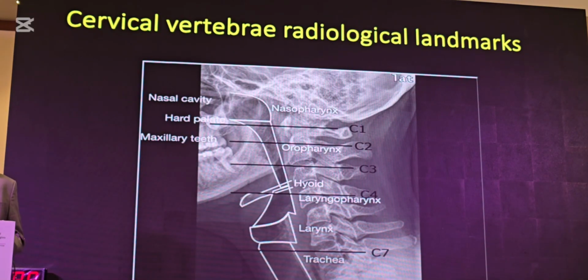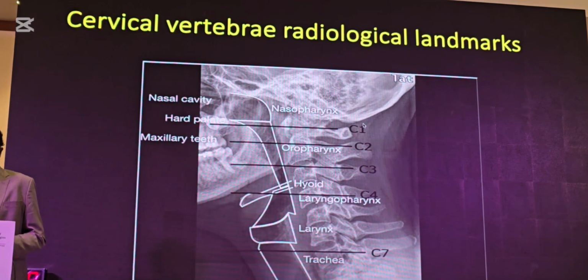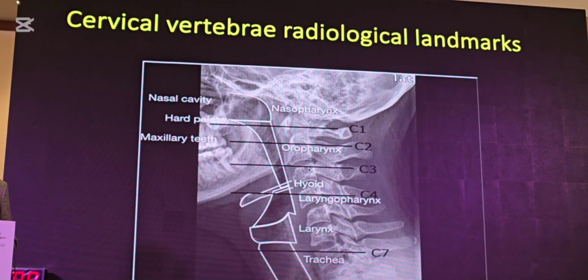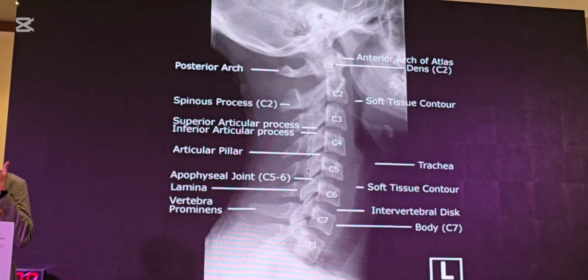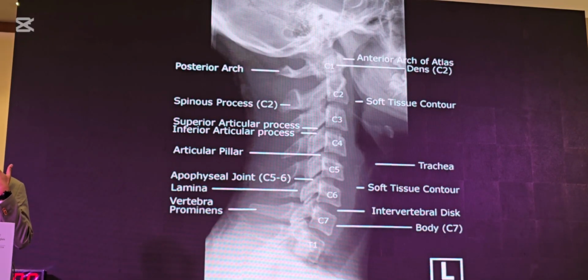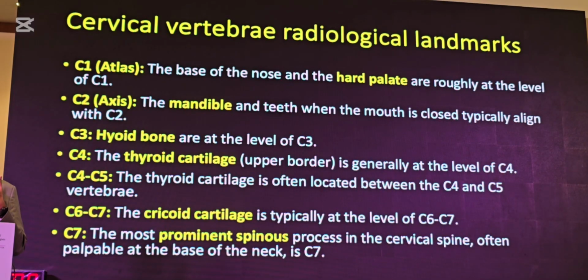This reference is very important when you see an X-ray neck or a CT neck. C1 corresponds to the hard palate. C2 corresponds to the mandible. Hard palate, mandible. C3 corresponds to the hyoid bone.